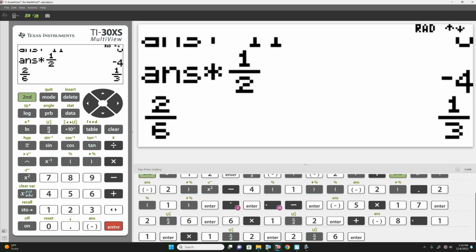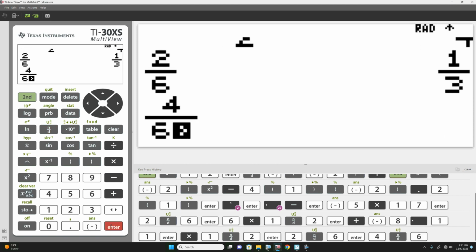So when you have a fraction, any fraction that you get, you're going to want to try to reduce it by as much as possible. And the last one, 4 over 6, is 2 over 3.